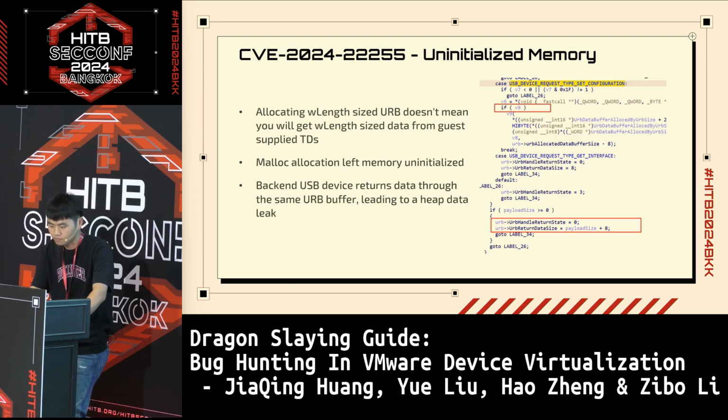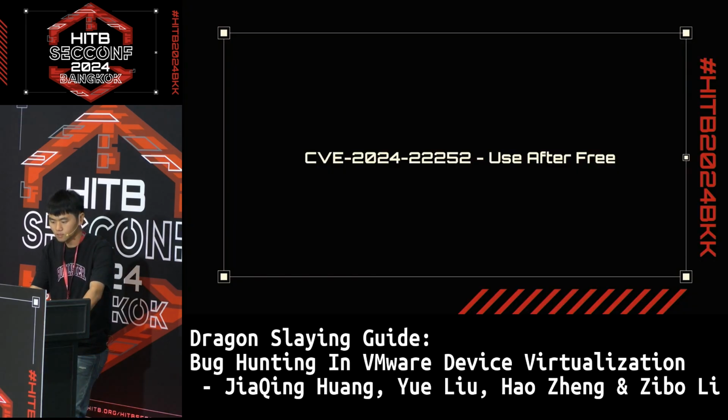Malloc allocation leaves memory uninitialized. So, the backend USB device will return data using the same URB buffer, which eventually leads to heap data being leaked to the guest. The second bug is a use-after-free that appeared in the USB emulation code.